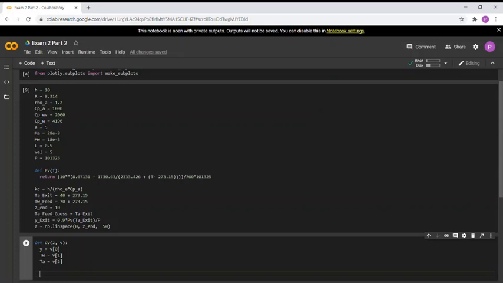Next is we have to calculate the mass flow rate of water gas in the air combination. So we have y over 1 minus y times m of water over m air times GA.